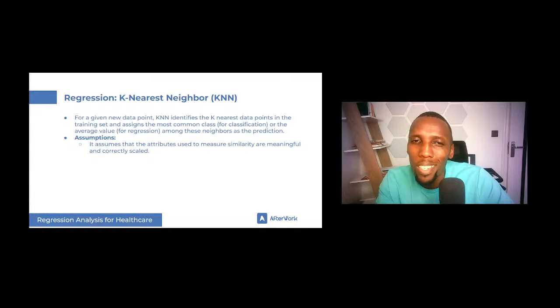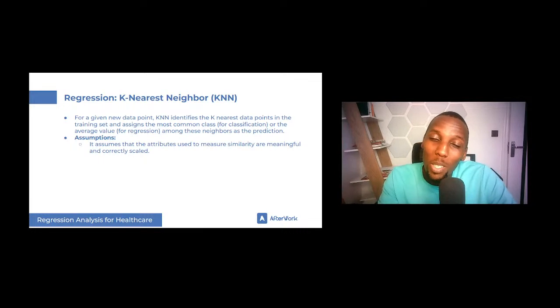it tries to take this new record that you want to make a prediction for, and it compares it with the positions of the rest of the points that it learned from.